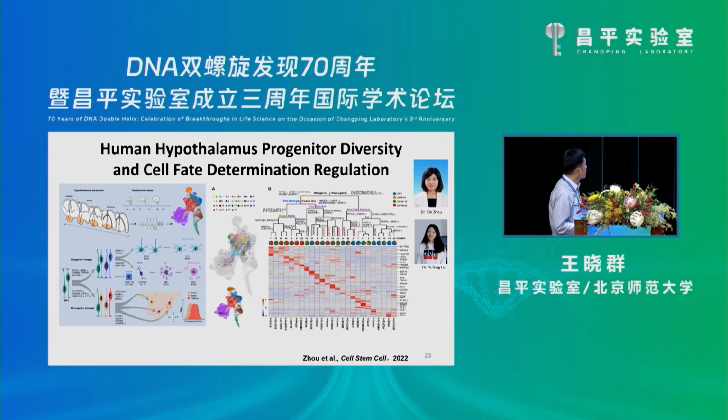If we look carefully along the developmental stages, we can pull out a lot of progenitor cells contributing to the hypothalamus area, almost 25 different subtypes, and they exhibit significant lineage differences across the human hypothalamus development process.